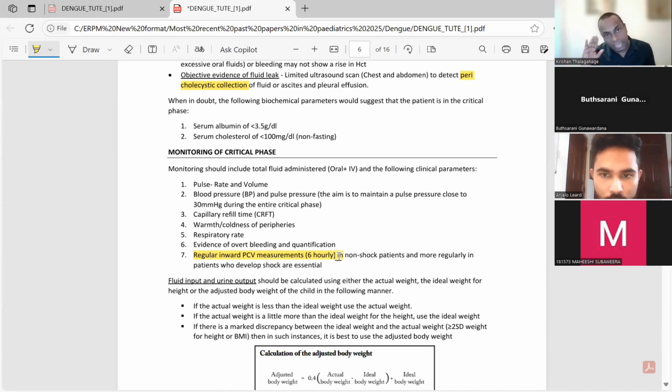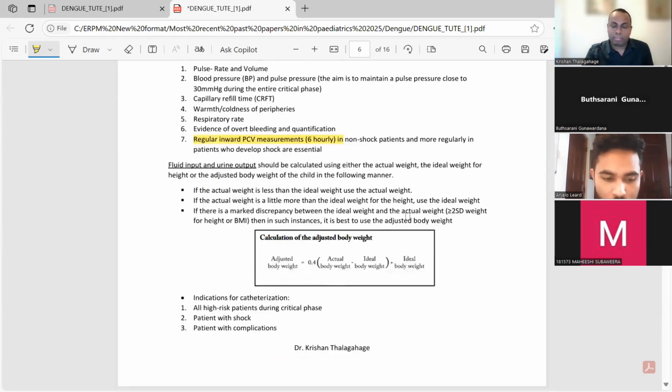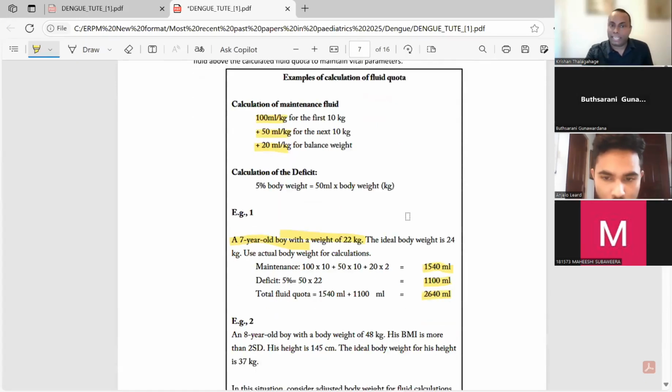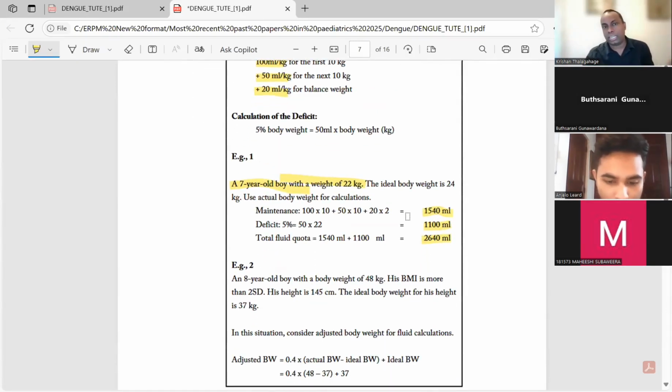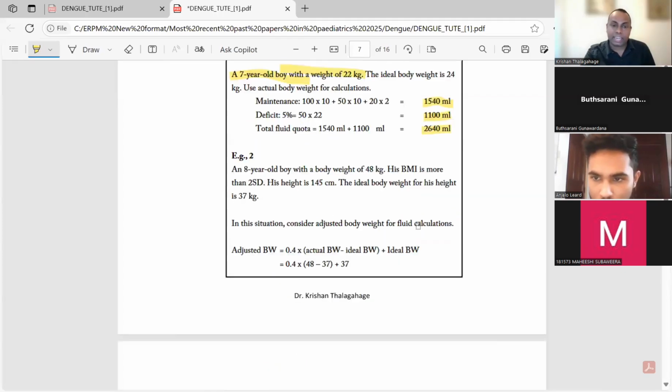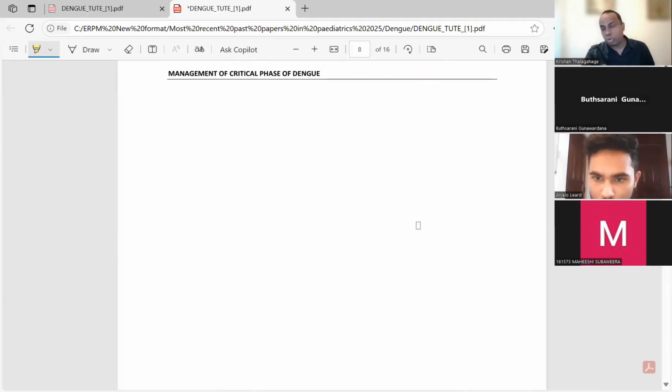As a house officer, every 6 hours you need to do PCV when the child is leaking: pleural effusions, ascites, PCV gone up more than 20%, albumin low, pericholecystic fluid. That is the leaking child. And then we know how to manage: fluid quota, monitoring, PCV, urine output.